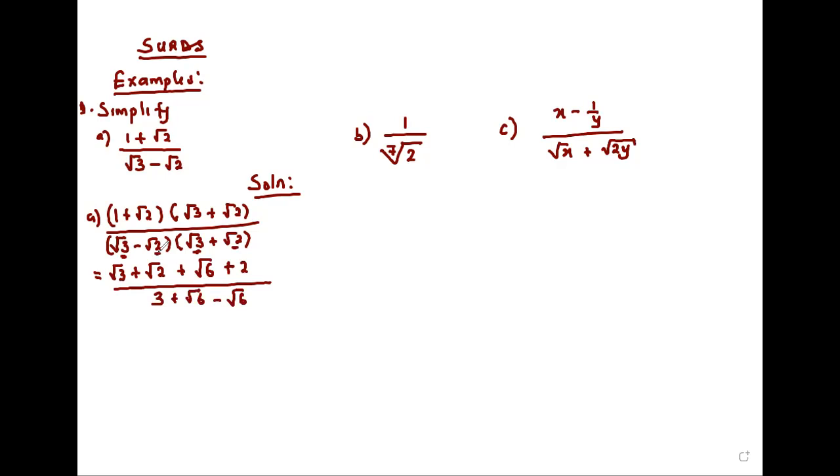Root 2 times root 2, we have 2. So together we get root 3 plus root 2 plus root 6 plus 2 over 3 minus 2, we get 1. So the solution is root 3 plus root 2 plus root 6 plus 2. Like that.